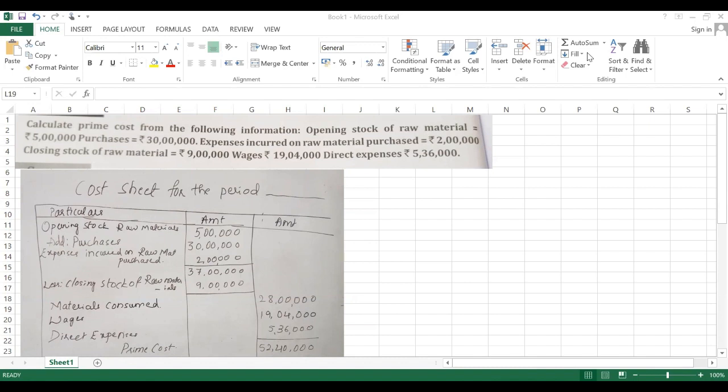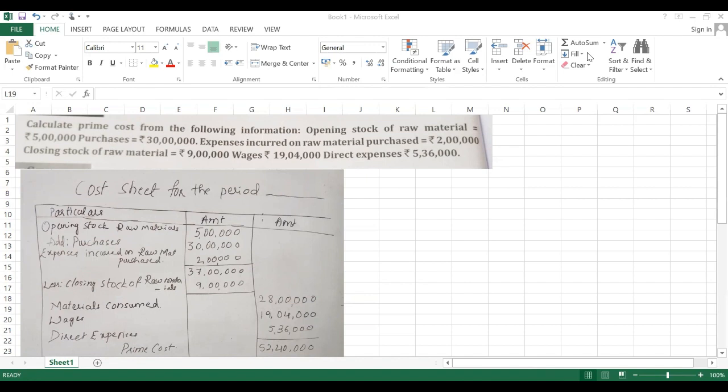They may mention it as expenses, or they may mention it as carriage inward, anything. So here they have mentioned expenses incurred on raw material purchased, which is 2 lakhs. And last, they have given the closing stock of raw materials, which is 9 lakhs. Wages 19 lakhs 4,000, and direct expenses, which is 5 lakh 36,000.